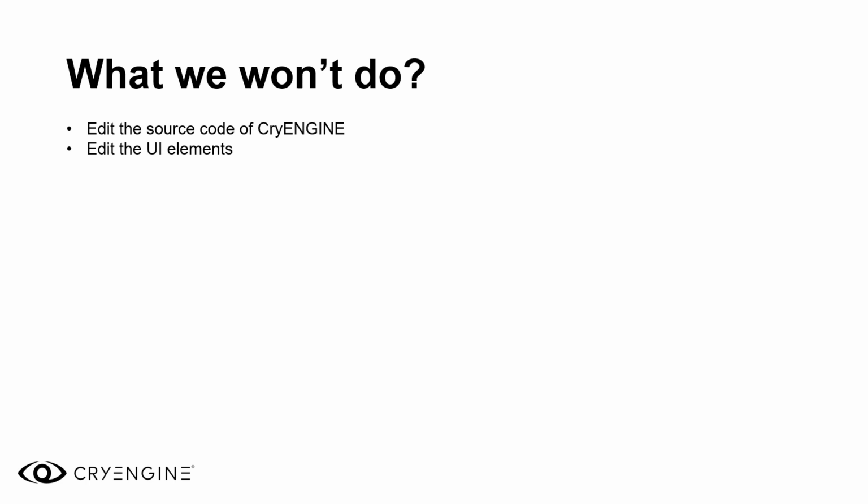What we won't do, we won't make any changes to the source code of CryEngine, and we won't edit the UI elements themselves, although they are important, because they are the cause in many instances, but we won't be taking a look at it this time.